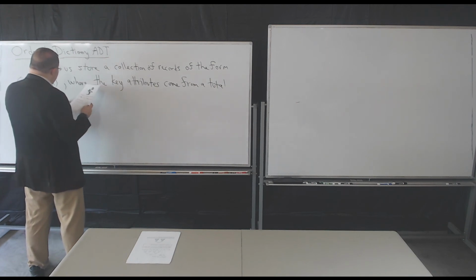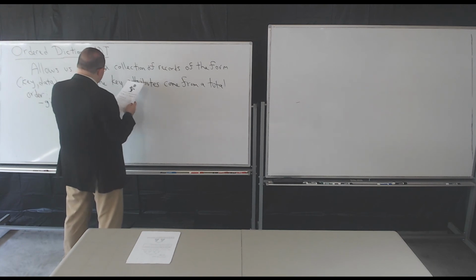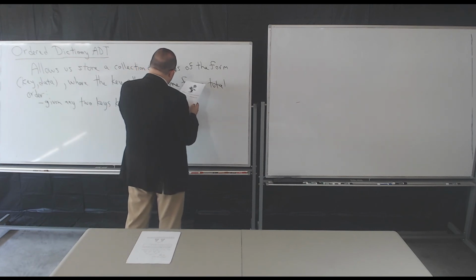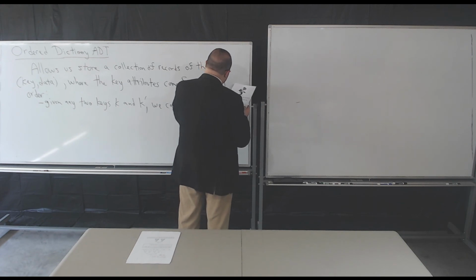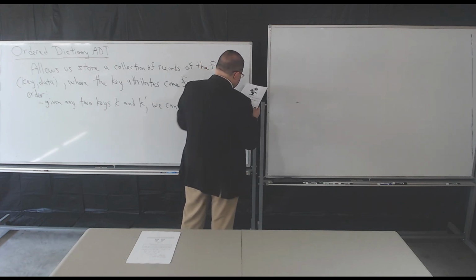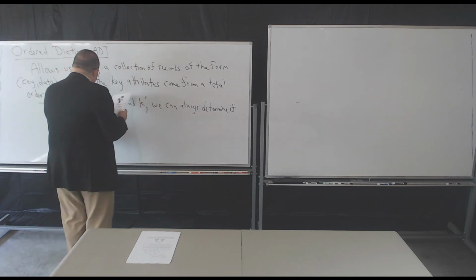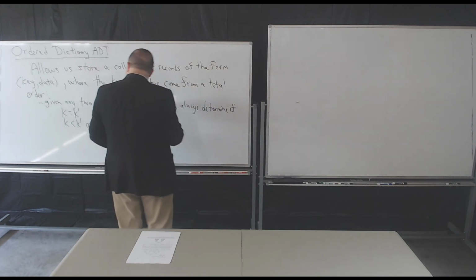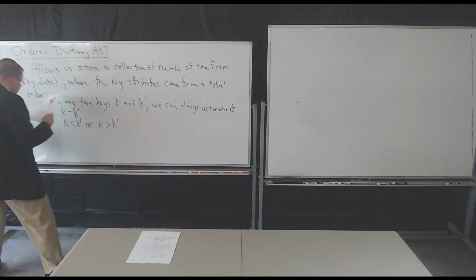Given any two keys, K and K prime, we can always determine if K is equal to K prime, K is less than K prime, or K is bigger than K prime. So you can either be equal, come before, or come after, okay?